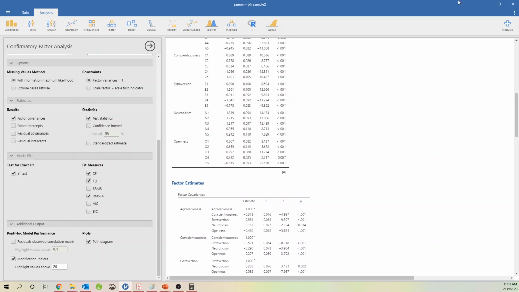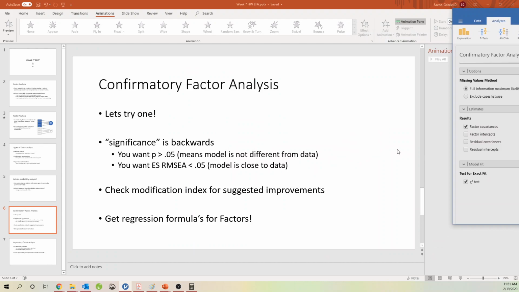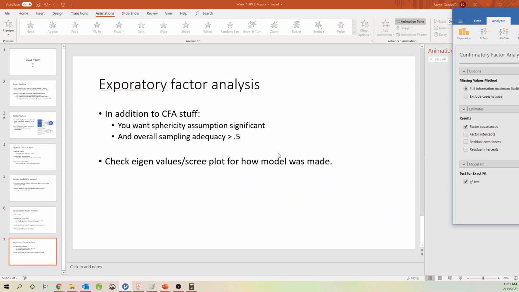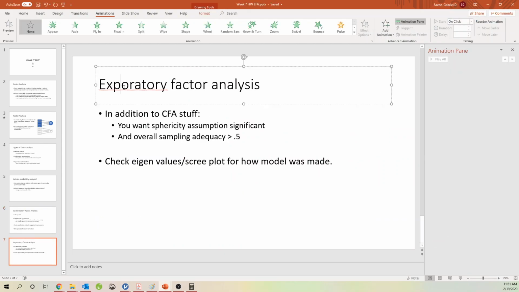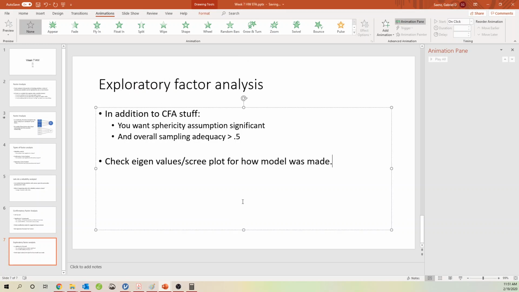Okay, so that's pretty much everything for the confirmatory factor analysis. The last thing we're going to look at is the exploratory factor analysis. It's going to do pretty much all the same stuff that the confirmatory factor analysis did, except it won't have the modification indices because it's already going to try and pop everything into the best place that it belongs.